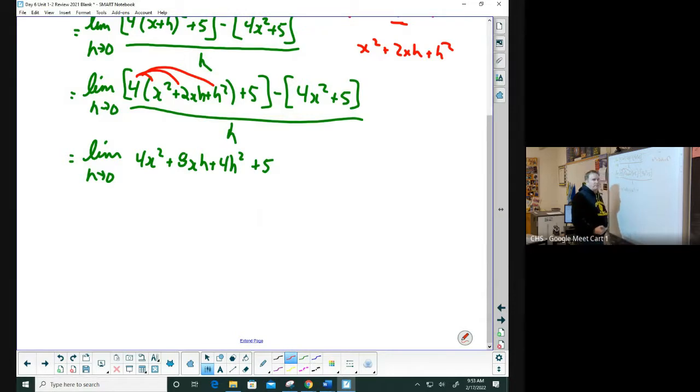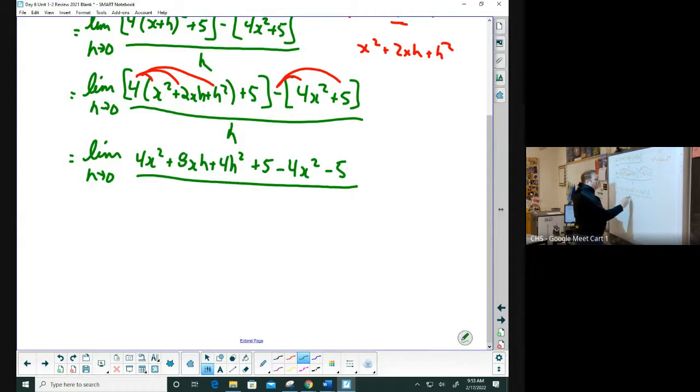Now I'm starting to drop the brackets, which means I'm subtracting both of these, which means it's like a little mini rainbow of subtraction. Minus 4x squared minus 5 all over h. At this stage, the constants should disappear. So plus 5 minus 5, that's good news that it disappears. If you forgot to rainbow the negative up here, and this was a plus, they wouldn't cancel. So that's going to be a little red flag that maybe you made a mistake.